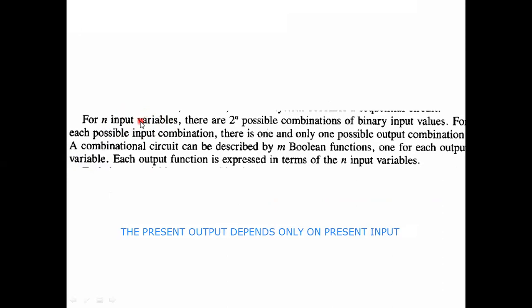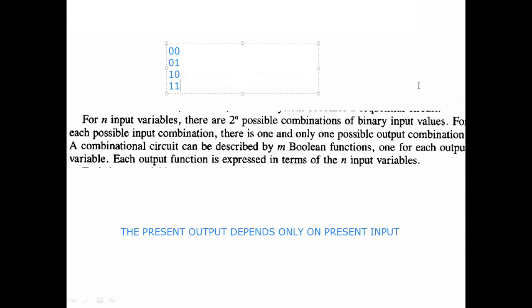Suppose if you are taking 2 variables, how many combinations will you be getting? Do you remember? If you are taking the 2 variables, then what are the combinations you will be getting? 0 0, 0 1, 1 0, 1 1.